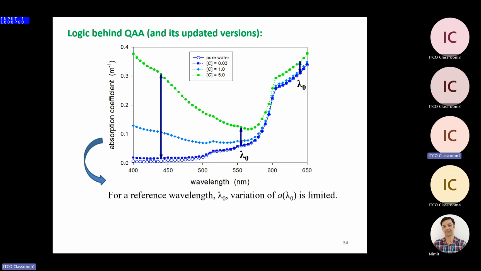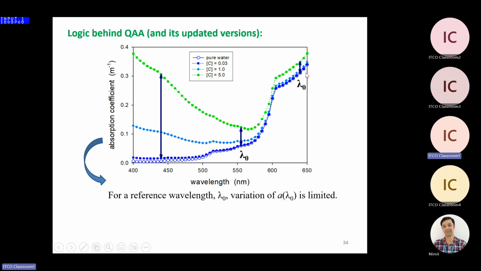So here, basically, it's a compromise. You have to choose this reference wavelength between measurement and accuracy. For the open ocean, because remote sensing reflectance at 555 can be very well calculated from satellite, we use 555 as the reference wavelength.